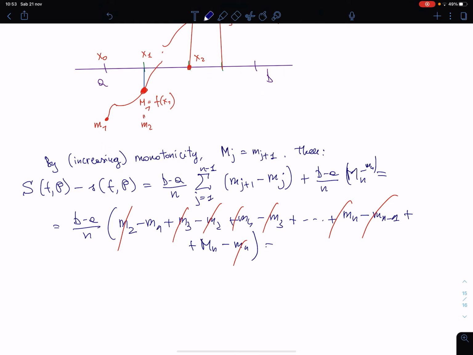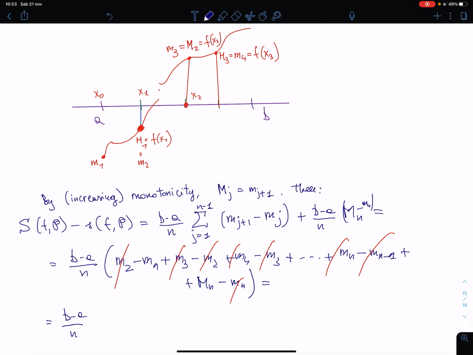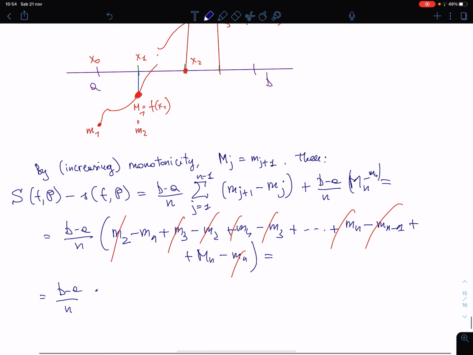We have b minus a over n. But now, what is capital Mn? This is the maximum of the function in the interval, and since the function is monotonically increasing, this is f of b. Analogously, small m1 is the minimum of the function in ab, so this is minus f of a.